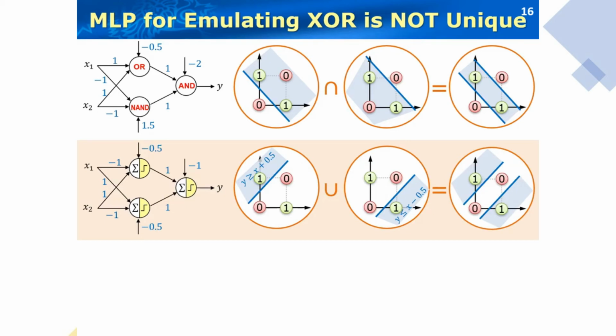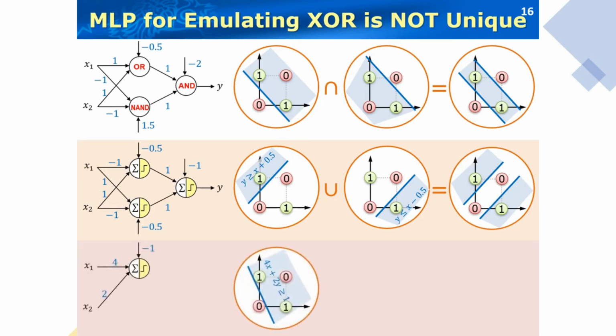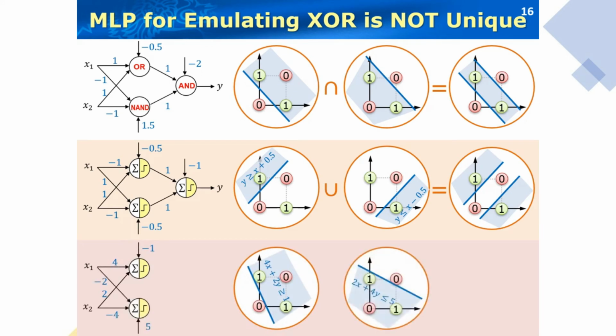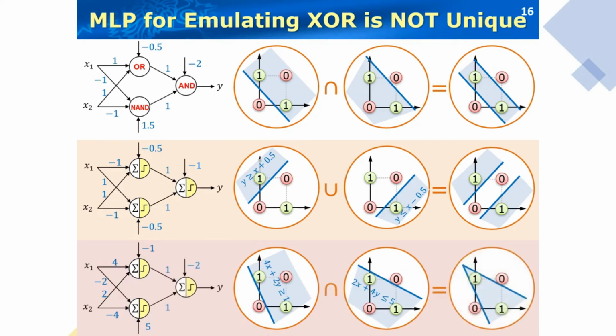Alternatively, we can also construct a line with a steep slope to represent the upper right half space and another line with a gentle slope to represent the lower left half space. The intersection of these two regions can correctly classify the green points as well. A variety of ways to solve the XOR problem indicate that a multi-layer perceptron can represent a decision boundary whose region is a polygon.